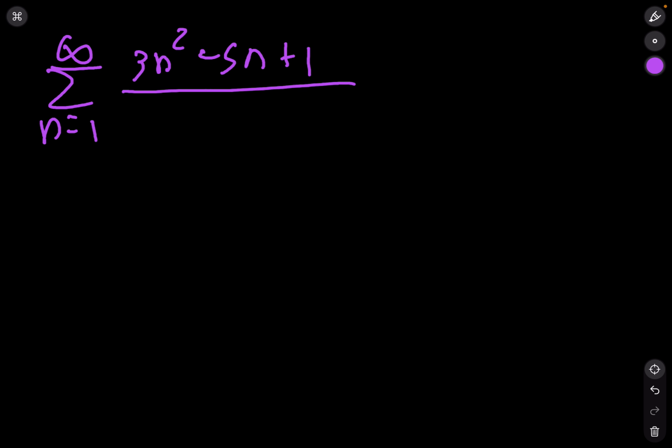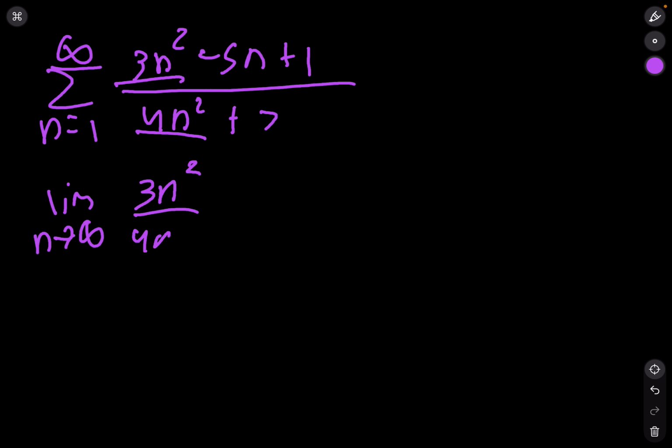So let's say you had another one. Let's say you had the series of 3n squared minus 5n plus 1 over 4n squared plus 7. Take the limit as n approaches infinity. And then from here, you just do your calculus and find out that it's just higher power versus higher power, and they are the same higher power.